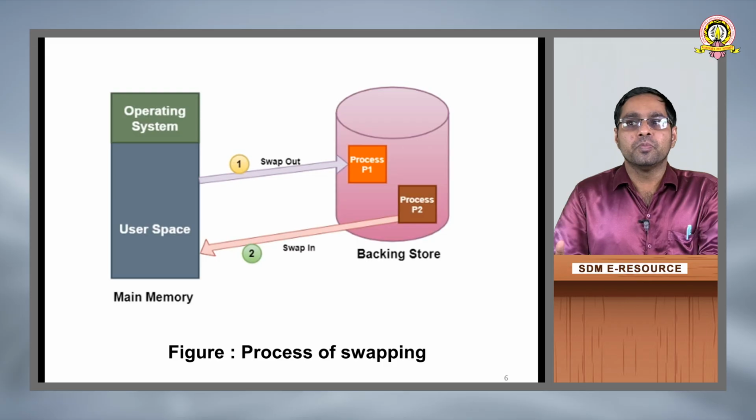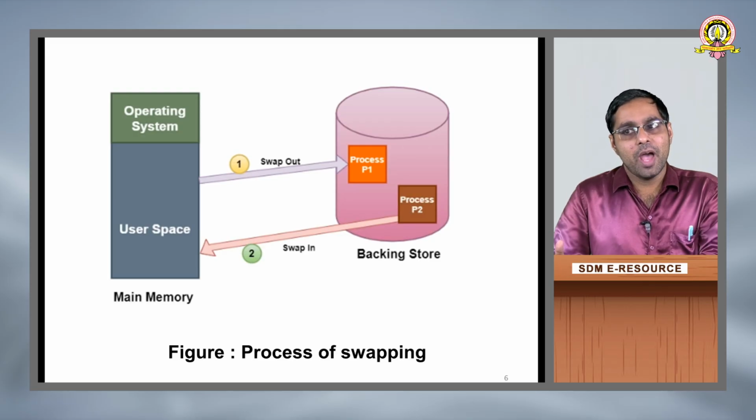Here there are two processes, process 1 and process 2. Process P1 is swapped out, whereas process P2 is swapped in. P1 was previously present in main memory, which we swap to the backing store, and process P2, which is in the backing store, moves to main memory.